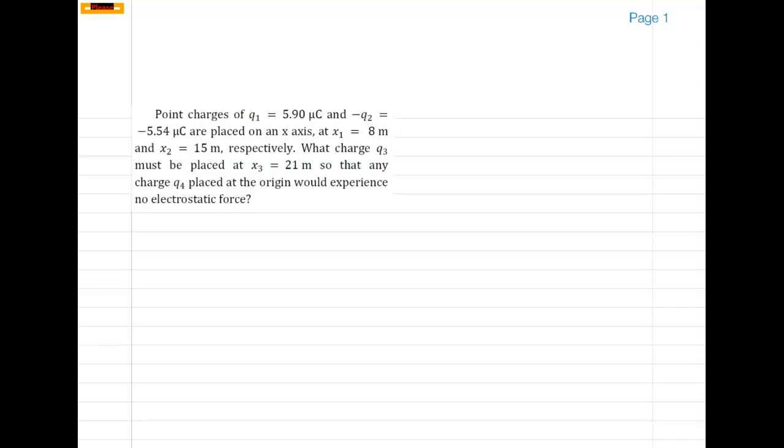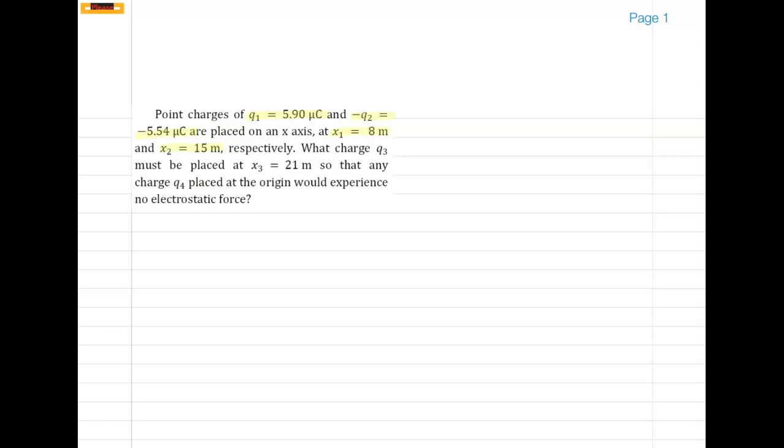So point charges of Q1 equals 5.90 microcoulombs. That's the first thing. And then the next item is negative Q2 is equal to negative 5.54 microcoulombs. Are placed on an x-axis at x1 equals 8 meters and x2 equals 15 meters.